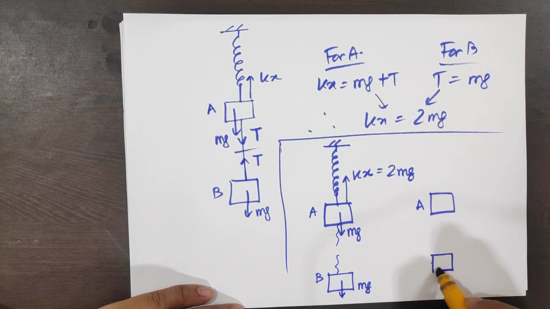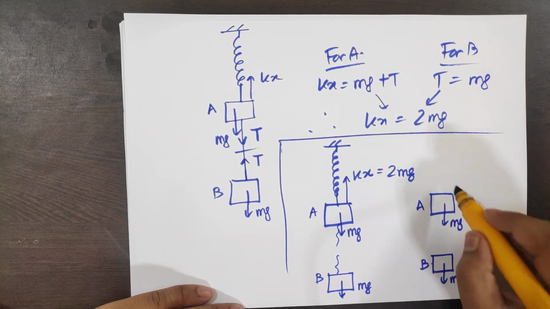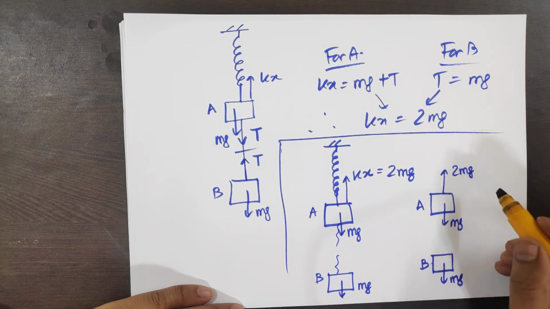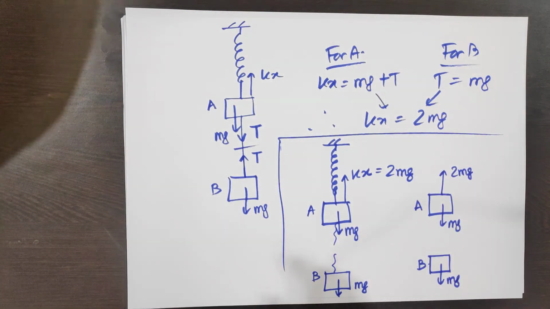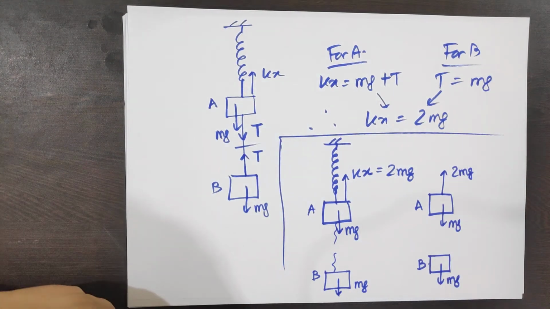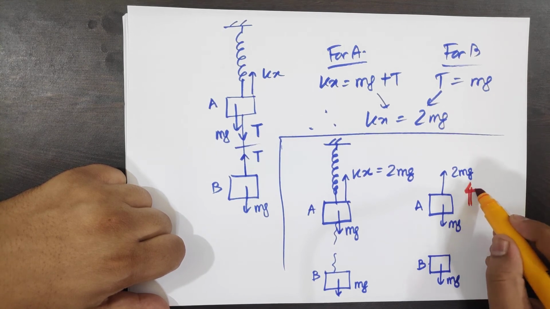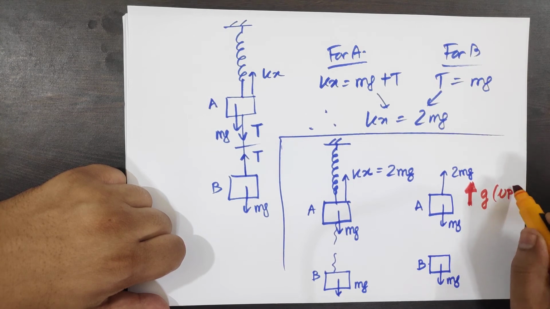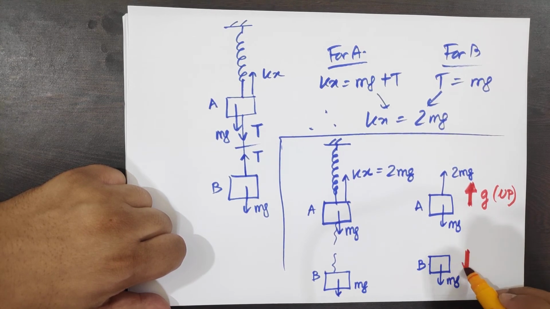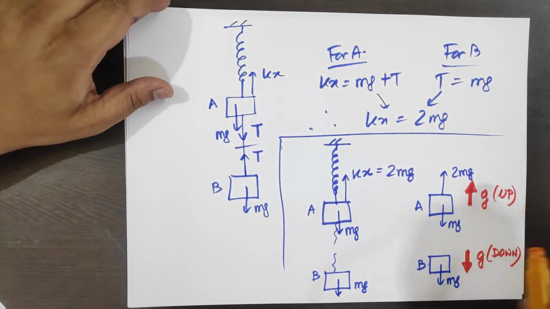On block B there is mg downward, and on block A, kx is 2mg. So the net force on block A is mg upwards. Dividing by m, the acceleration is g upwards, and block B has acceleration g downwards. This is the situation just after the string is cut.